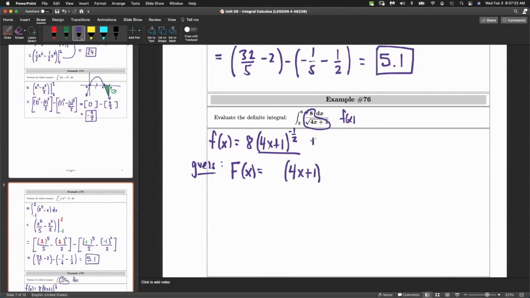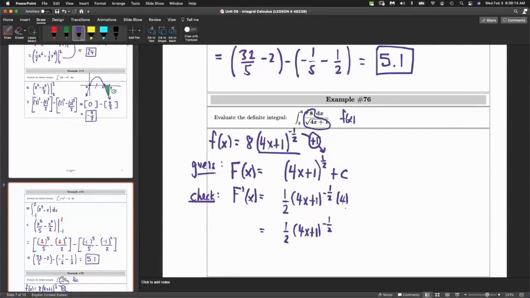If you add 1, you get positive a half, and put a C. And then we're going to check. So we'll have here half, but the 4 and the 2 we cancel out to get a 2.